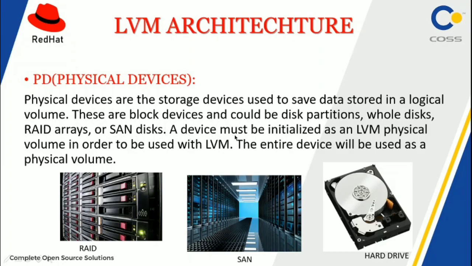A device must be initialized as an LVM physical volume in order to be used with LVM. A device we definitely need, otherwise how can we store the data? This is the first thing we need to attach to our system. The entire device will be used as a physical volume. Then we can create LVM on top of these physical devices. That is all about physical devices.